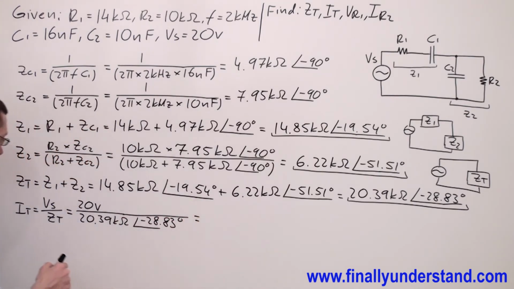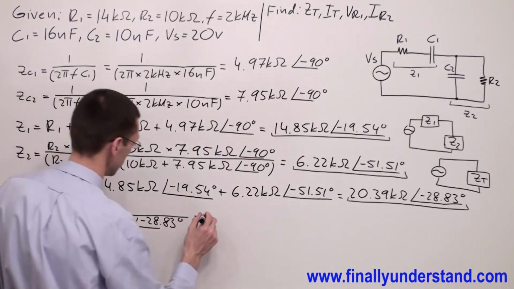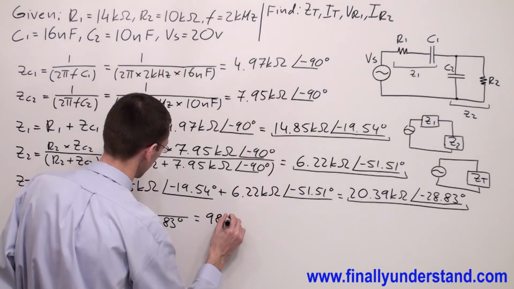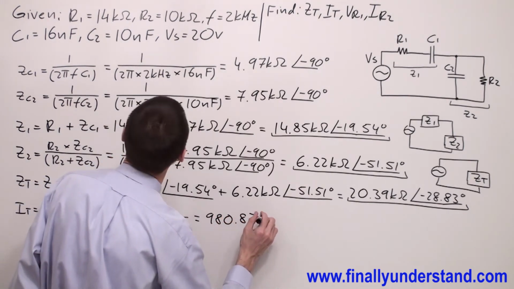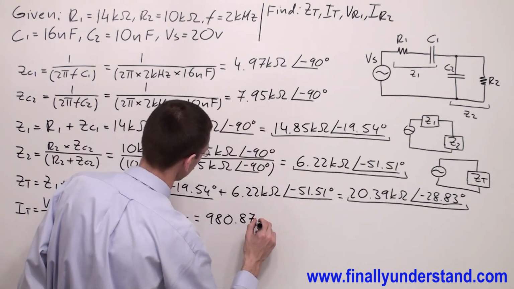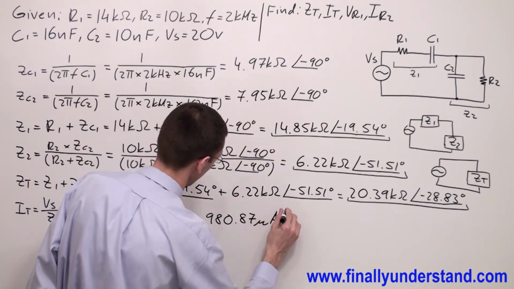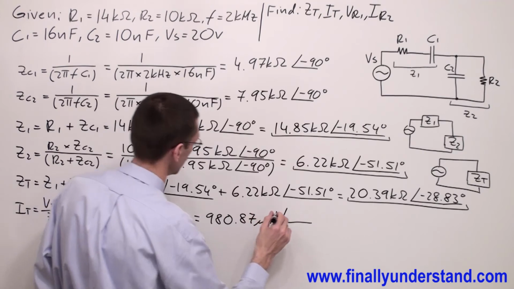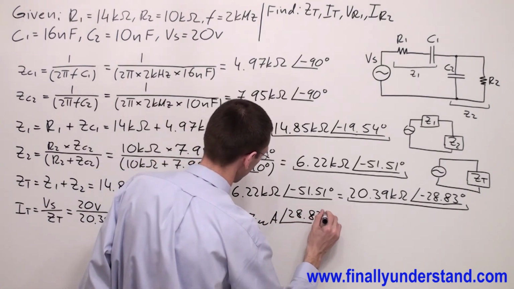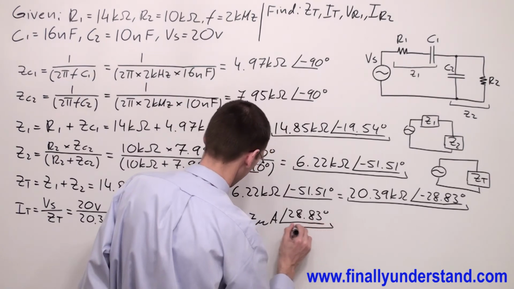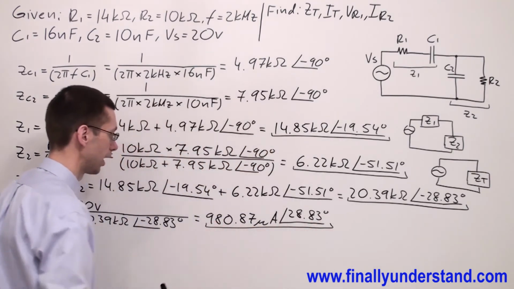This is equal, use the calculator, you're supposed to get the value of 980.87 microamps and angle of 28.83 degrees. This is the value of I total.